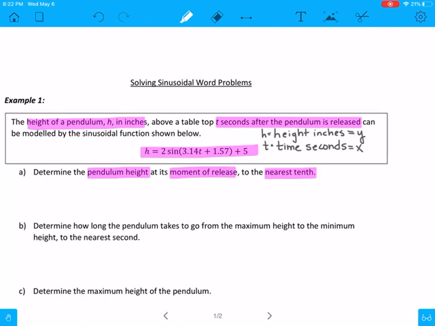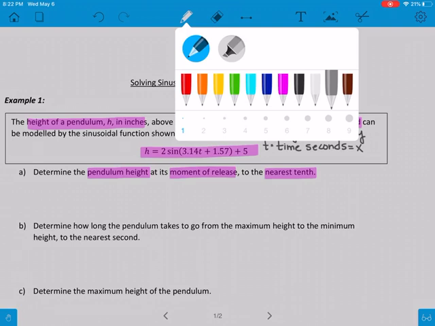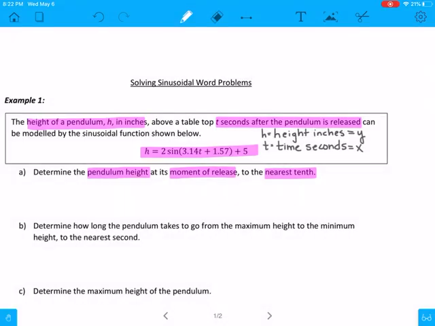So the moment of release, the moment you release a ball, what is the time? The time is 0. So they're saying when time equals 0, which is when x, or t in this equation, equals 0.